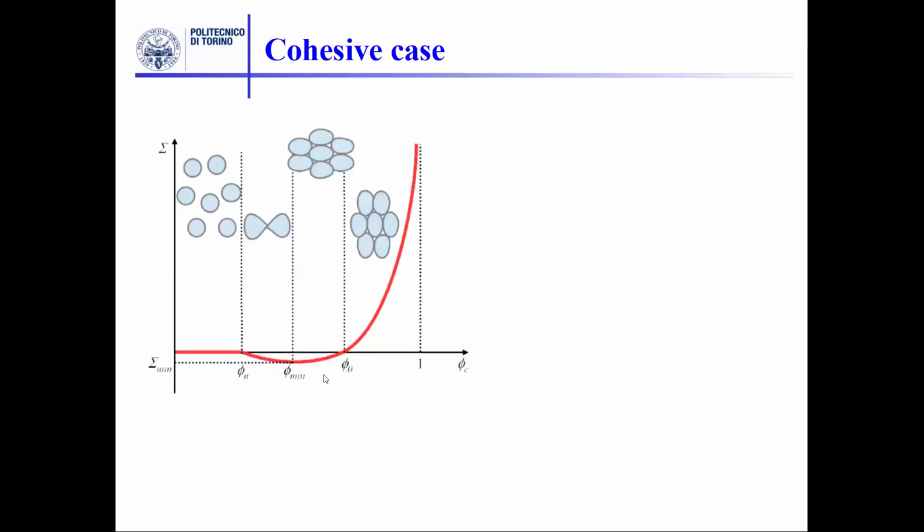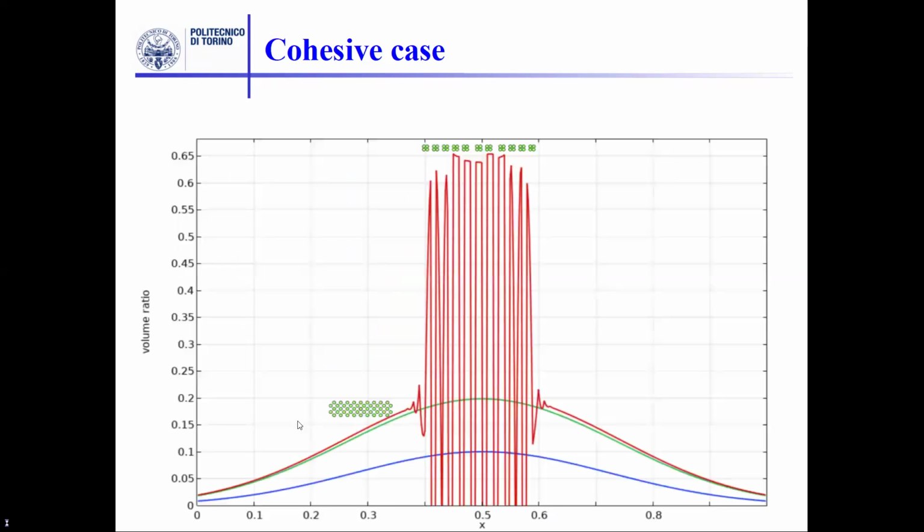But in the cohesive case, you have a region in which the derivative of sigma is negative. Okay? And this is bad because at the end of the story, it might give blow up of the solution, actually instability of the solution, called Hadamard instability.